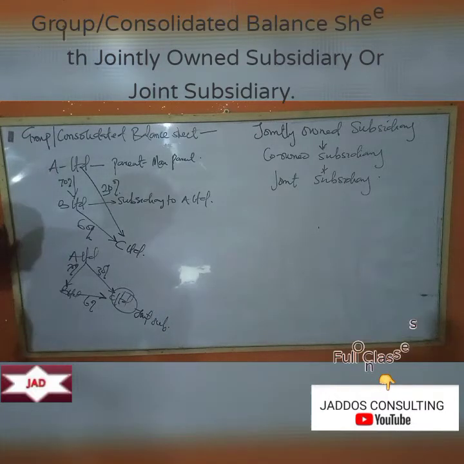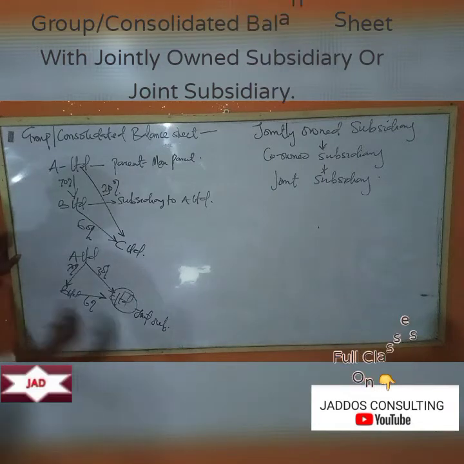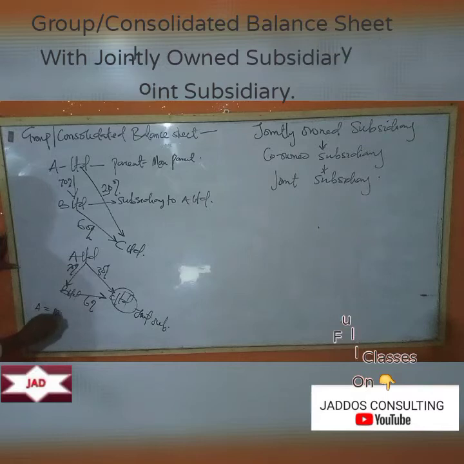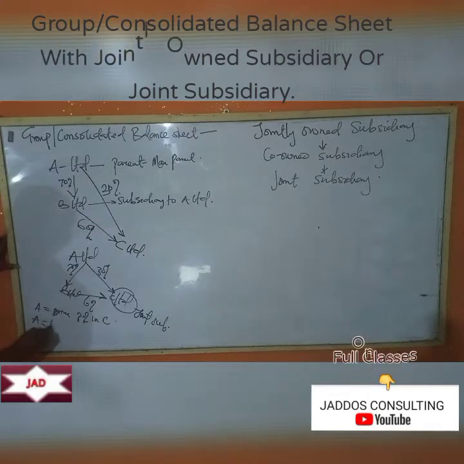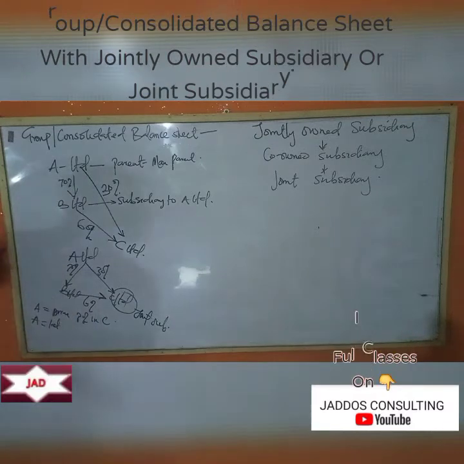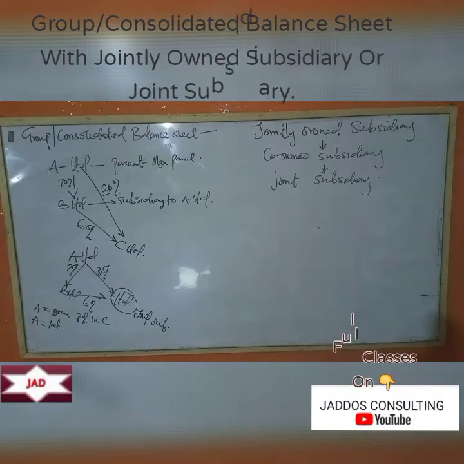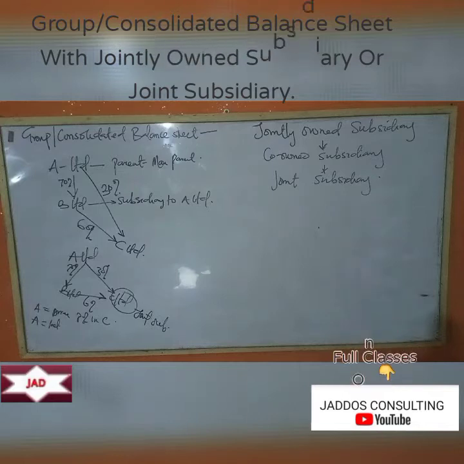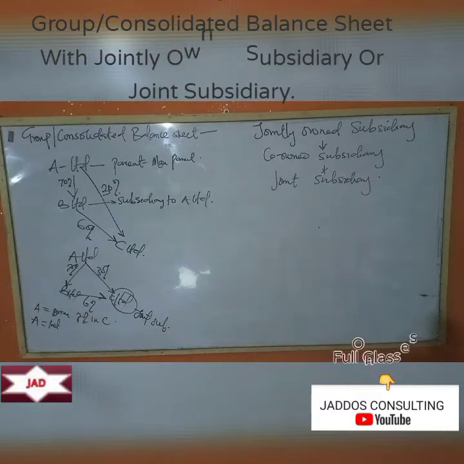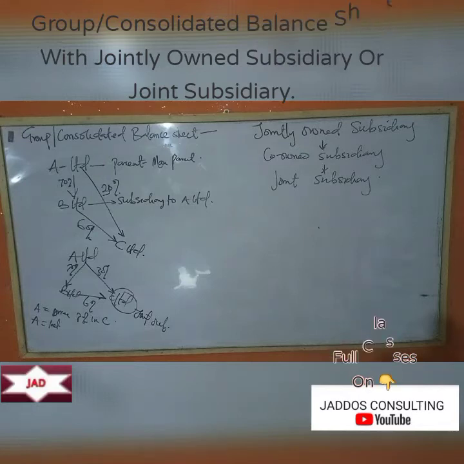Okay? So what we're saying is this. A already has 70% in B, B has 60% in C. So A has direct 30% in C. A has indirect how many percent? 70% of 60 will be 0.7 times 60, 42.